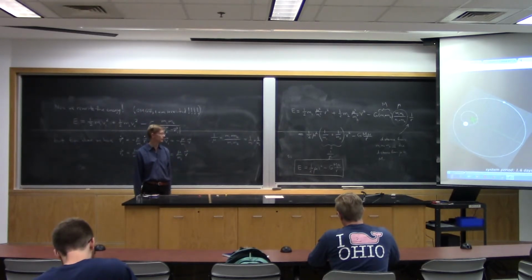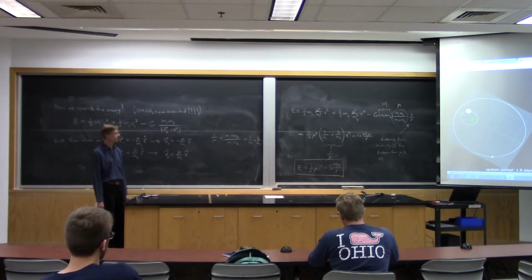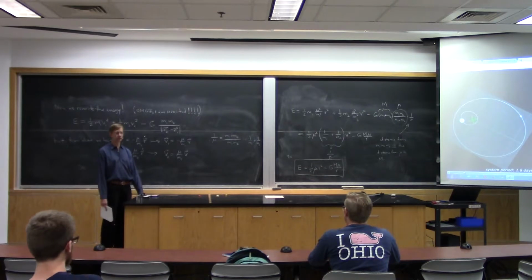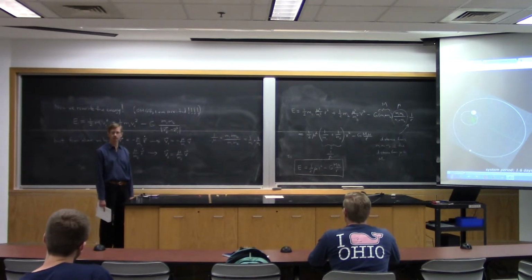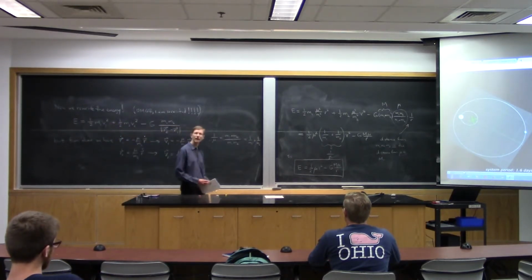The gravitational potential energy would be minus G M mu over R, and the kinetic energy, because big M is fixed, all belongs to mu, and it would be 1/2 mu V squared. So in other words, you get exactly what you would expect for the equivalent one-body problem. It gives you exactly the same result as the real two-body problem.